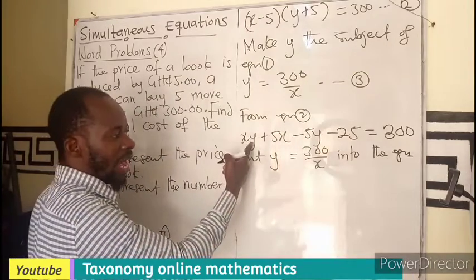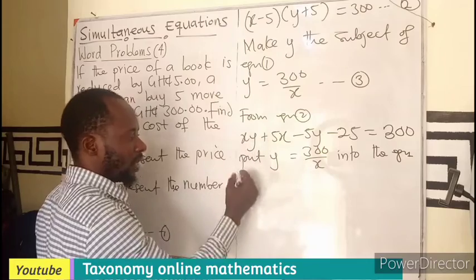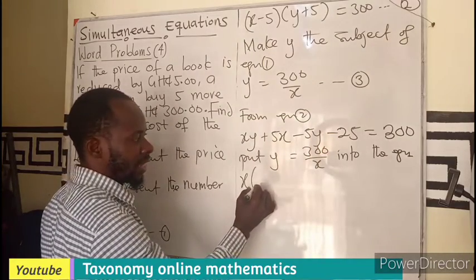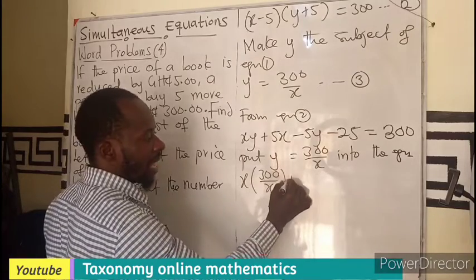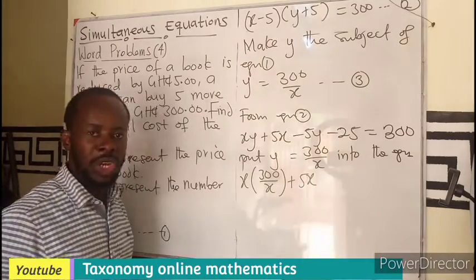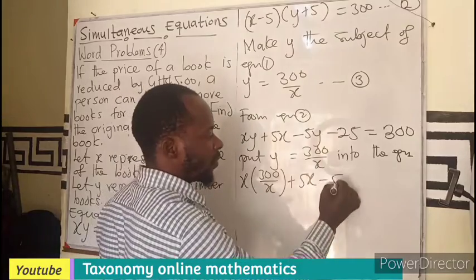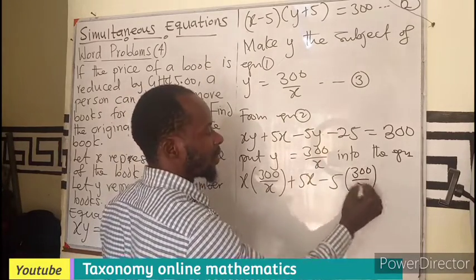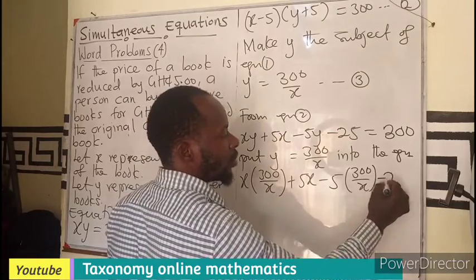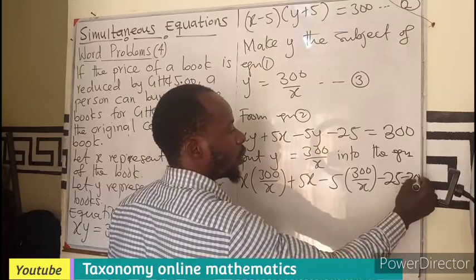Whenever I see y, I put in this, meaning x multiplying 300 over x plus 5x, since x is not changed, minus 5y, which is still 300 over x, minus 25 equals 300.